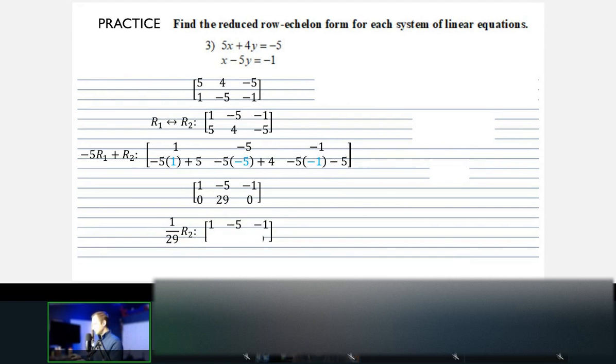Row 1 doesn't change, and so 0 times 1 over 29 is still 0. 29 times 1 over 29 is 1, and then 0 times 1 over 29 is 0. Still feeling good? Everything's making sense? Yeah, good.